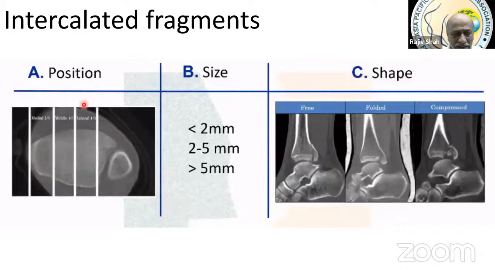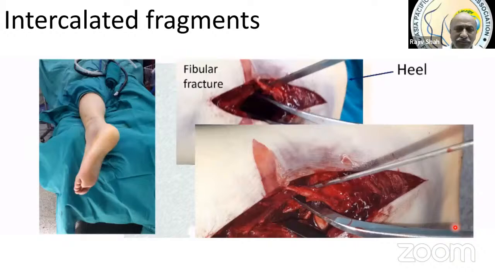B is the size, whether it is 2 to 5 mm or more than 5 mm. And C is the shape of the intercalated fragment, whether it is free, folded, or compressed. And this is again through that article, where you lift up the fibular fracture, put in a lamina spreader, and through the fibular fracture you reduce the intercalated fragment.